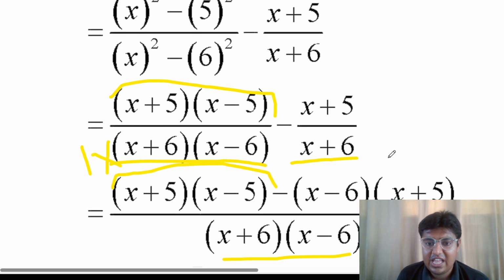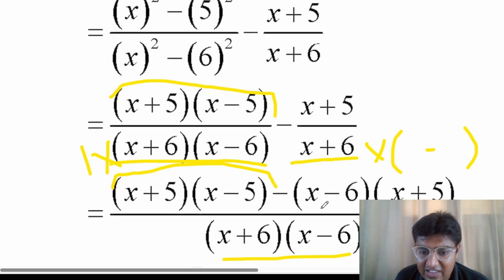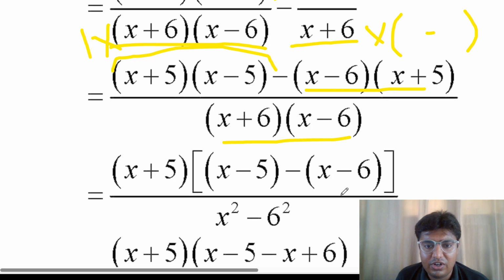Okay students, here which one is missing? Very good. x minus 6 is missing. So you already know that you have to do the same step in the numerator, x plus 5 and x minus 6. Okay students, be careful about the steps.